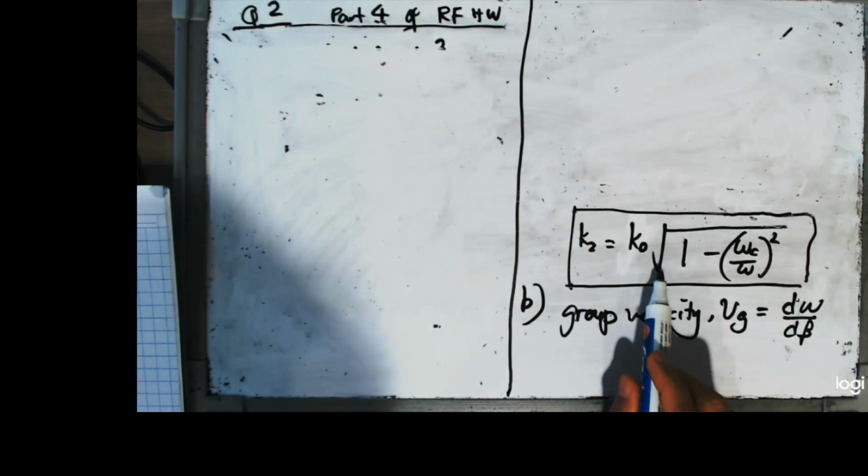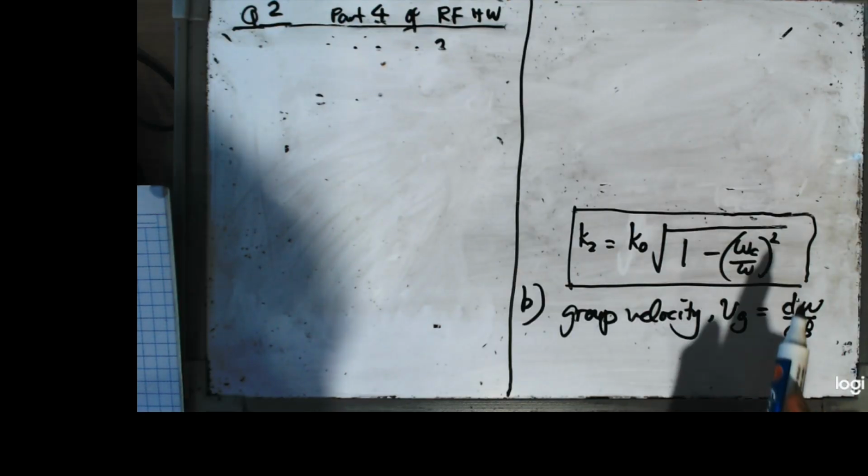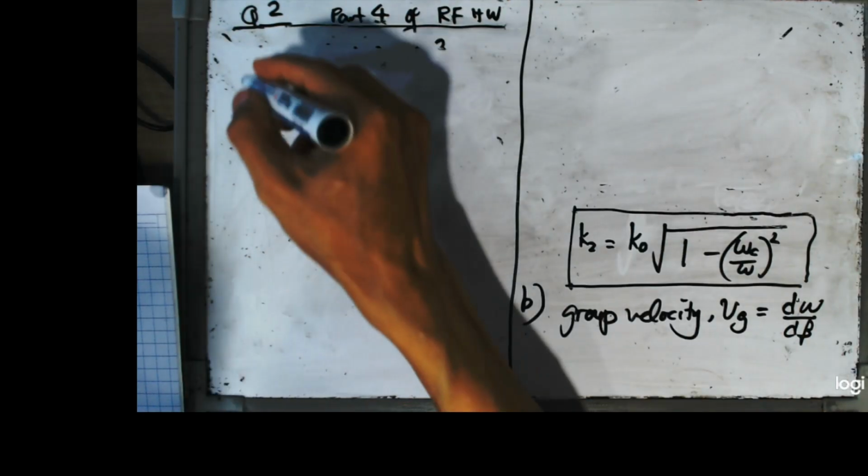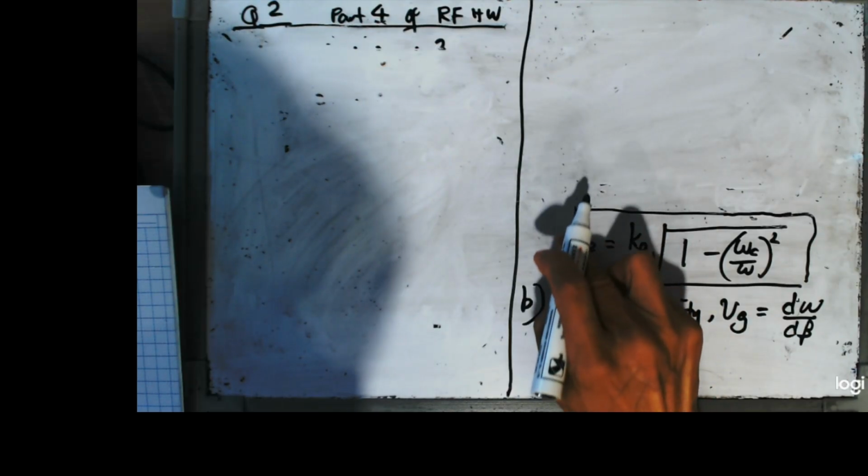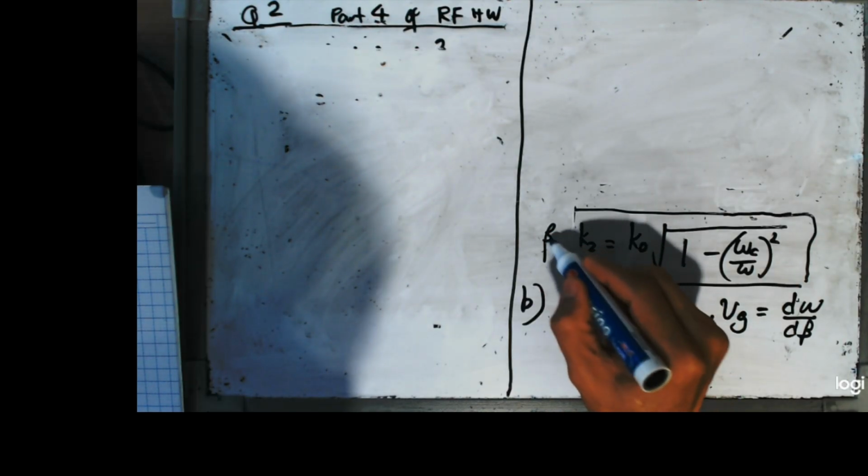So now we square both sides of the equation. By the way, kz is equal to beta m.